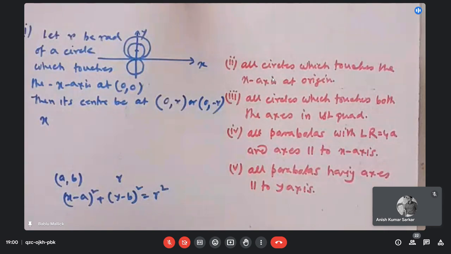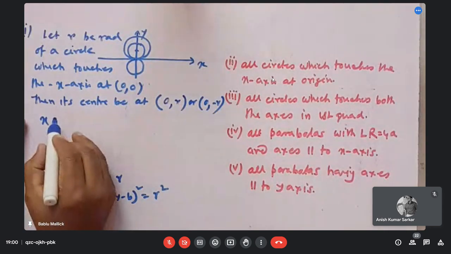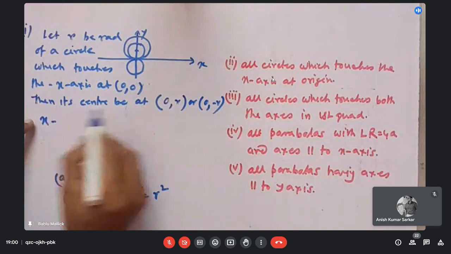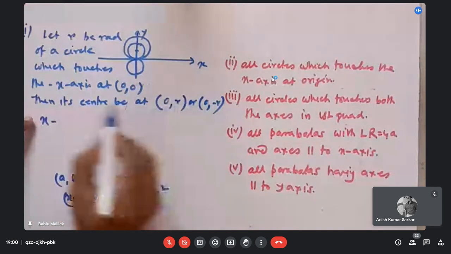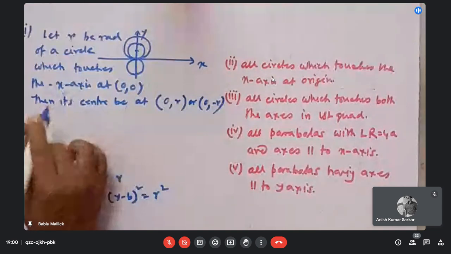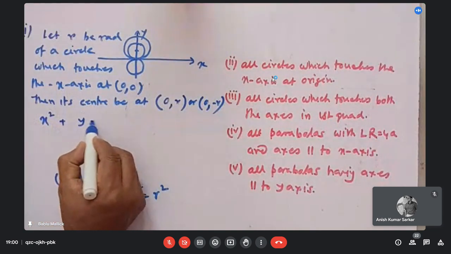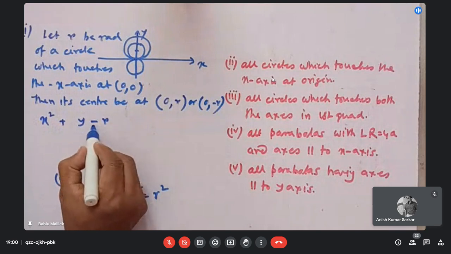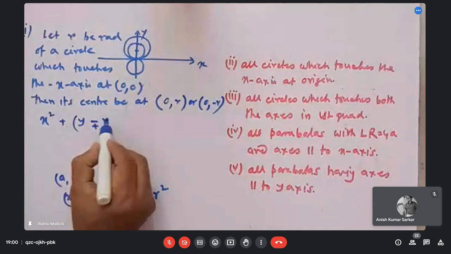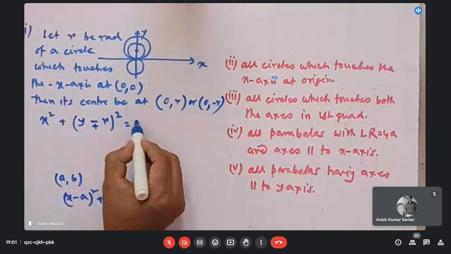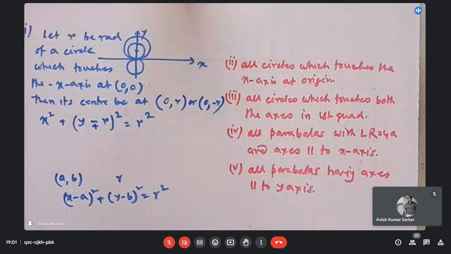So here also its equation will be x minus 0, that is x square, plus y minus r or plus r, this square, is equal to radius square.